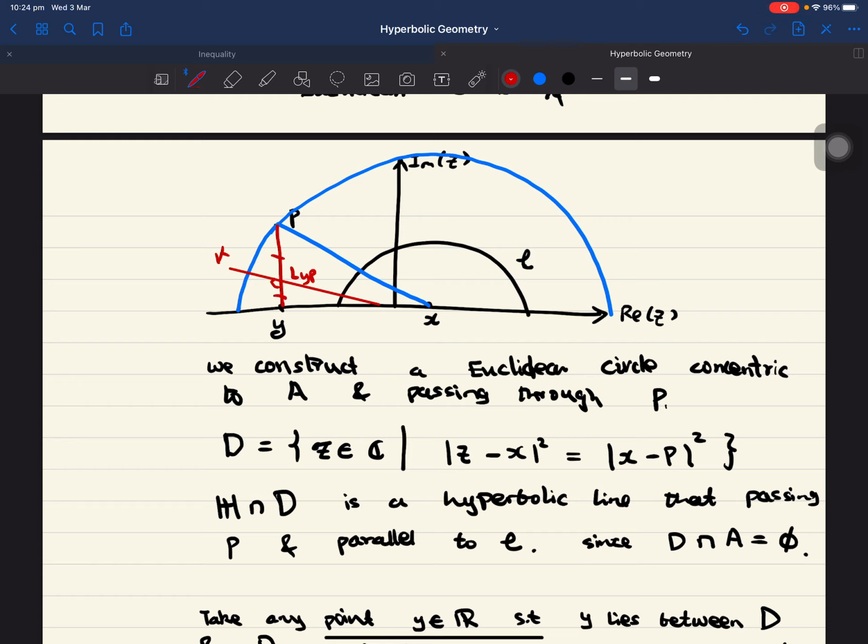Then we have a circle centered at this particular point.